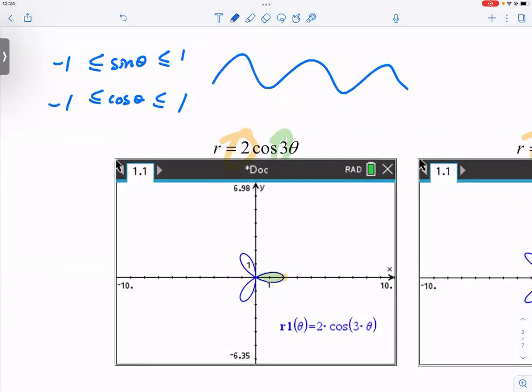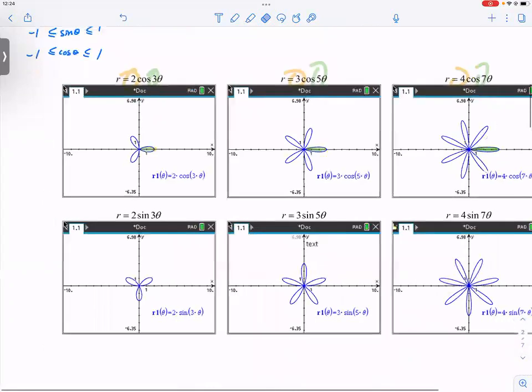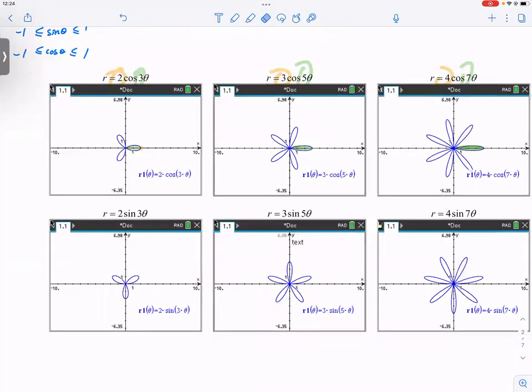It's going to fluctuate between 1 and -1. So that's how we know that you have a maximum r value of 2, and that explains it.